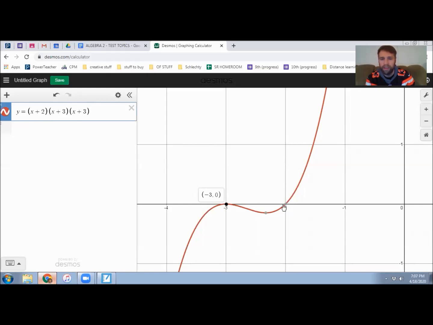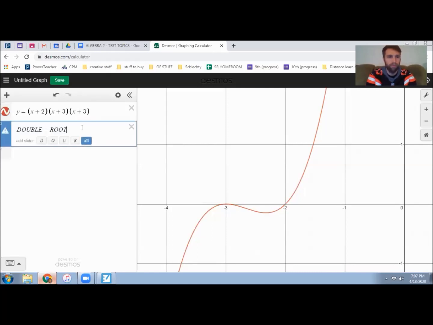Well, what's interesting is this -3, since it happened twice here, this is called a double root. So instead of passing through the point like this does, it actually bounces off and makes a little parabola right at that point. So that's called a double root. So at -3, we have a double root.